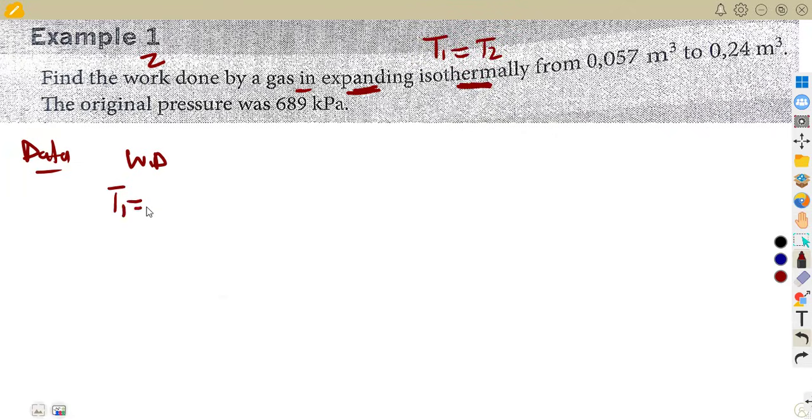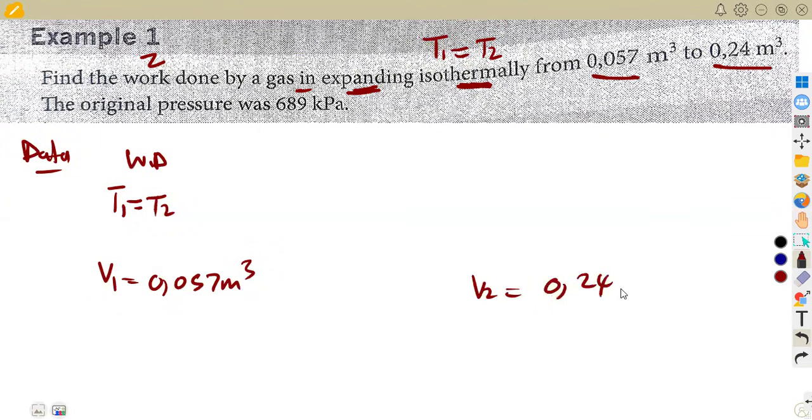T1 is equal to T2. From V1 of 0.057 cubic meters to this volume, that is our V2 there. The original pressure was 689 kilopascal. Calculate the work done.